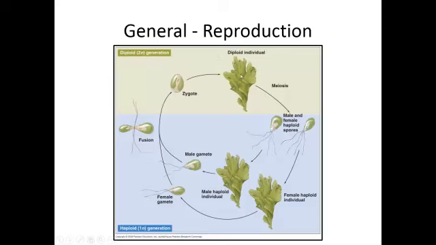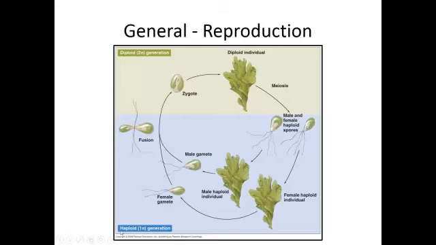Now within the diploid individual, meiosis will occur and you will develop male and female haploid spores. Now all algae live in the water, either marine or freshwater, so their spores are flagellated so they can swim through the ocean or through the lake. These cells will divide through mitosis.